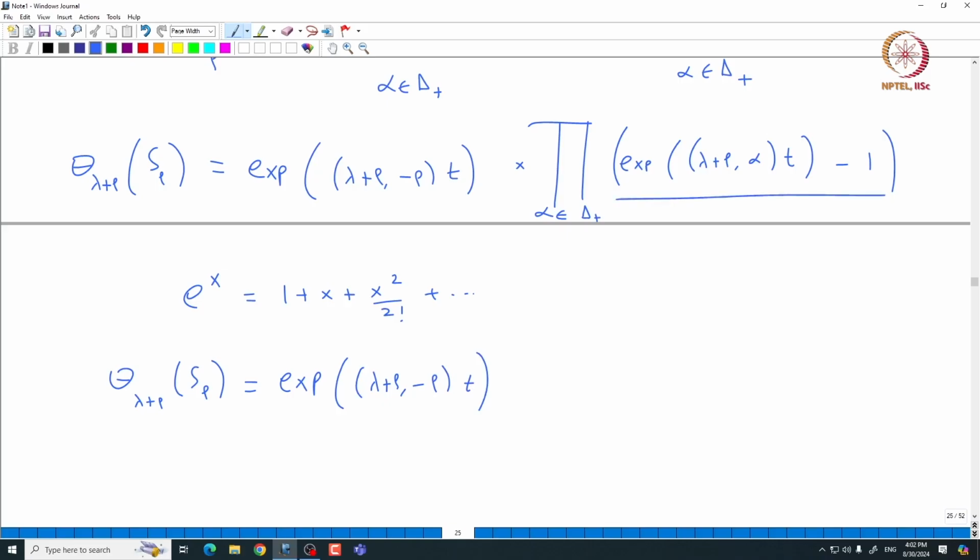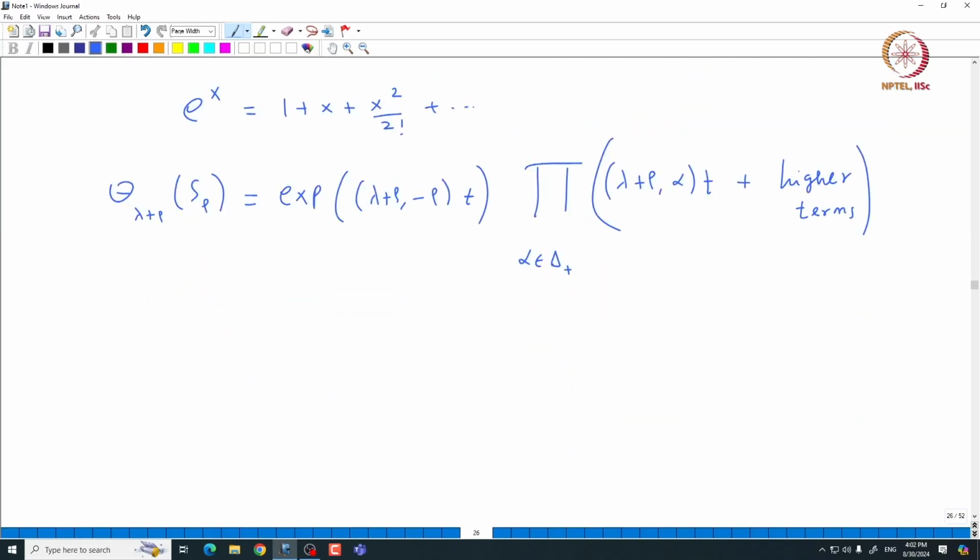So, it starts with x, which is (lambda plus rho, alpha) times t. So, this is going to be just the product of (lambda plus rho, alpha) t, alpha in delta plus, plus some higher terms. Higher terms means higher terms in t powers. So, this is the term that we are getting on the right side.